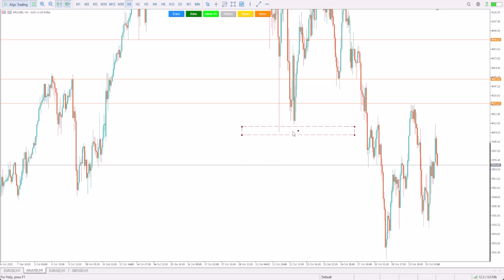All that means is that this is my zone, depending on the system that you're using. We could click here, Make, and that's it.